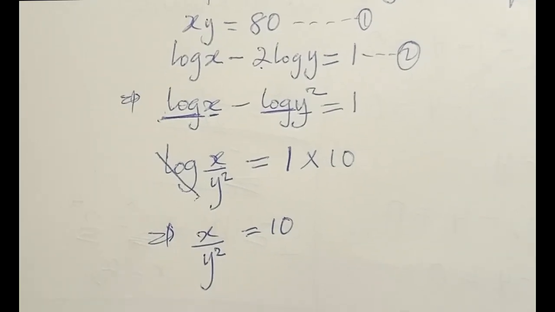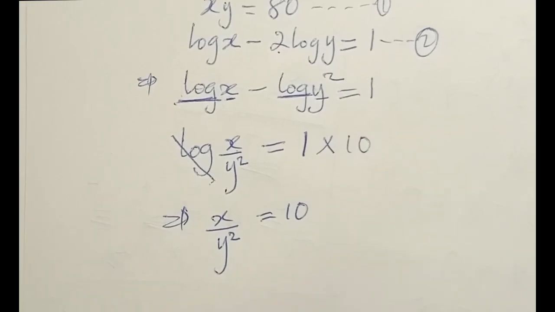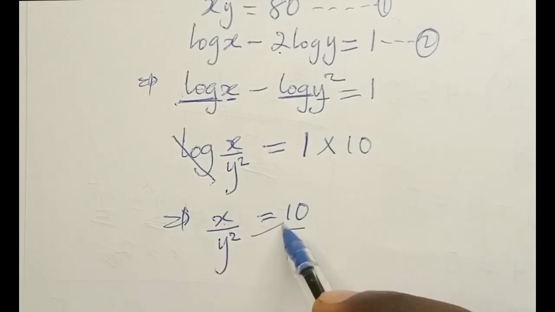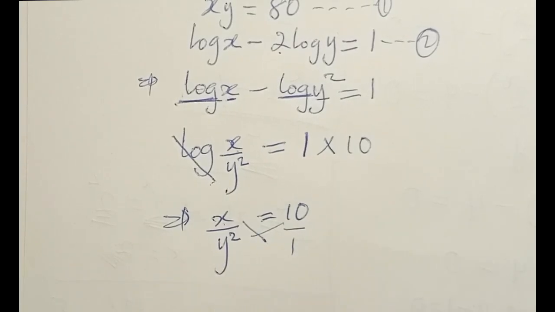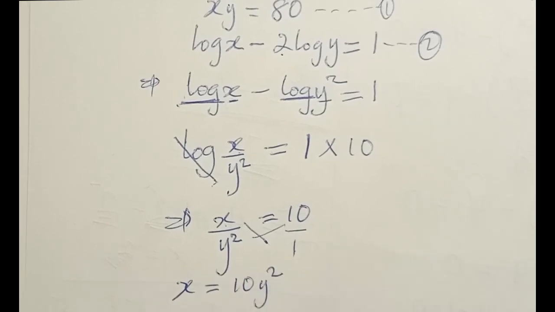To make it only x and y, if we want x to stand alone, then we must cross multiply, because 10 is the same as 10 over 1. Then x times 1 is the same as x, which is equal to 10y square.